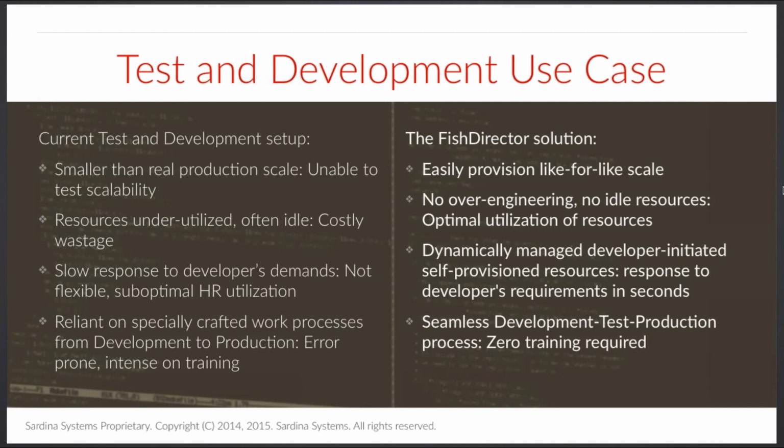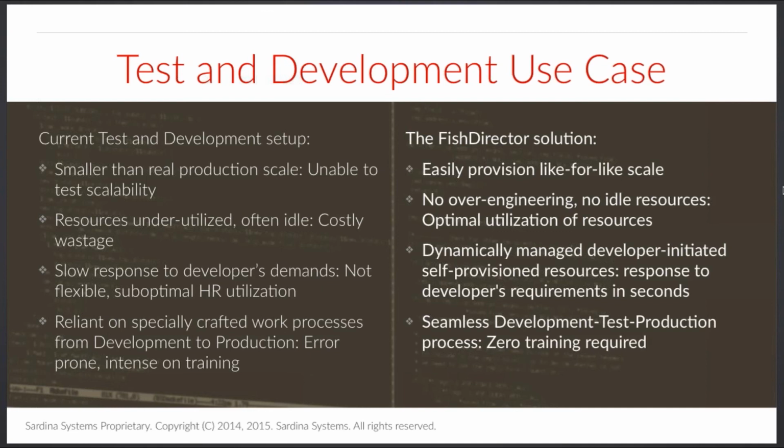Now, conversely, with FishDirector, what we could do is to provision like-for-like scale, and we just manage resource allocation in the back end. With this, you can seamlessly go from development, test, into production.